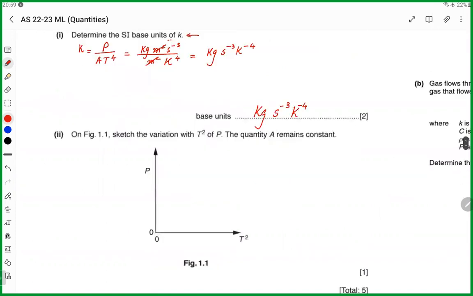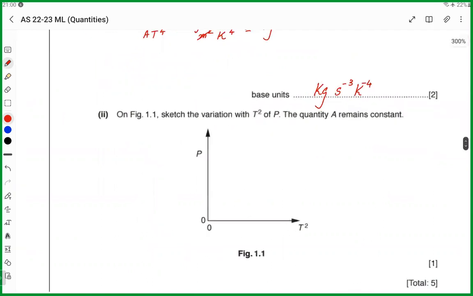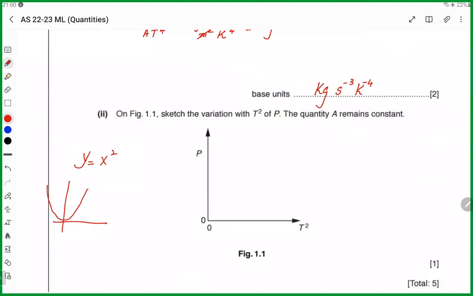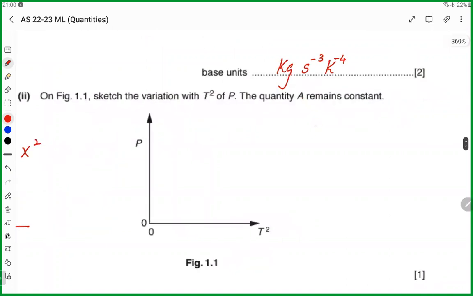On the variation of P with T square and T: listen, you should know how the graph of y equals x square looks like. The graph is something like this, a curve. So here we know P equals K A T to the power 4.